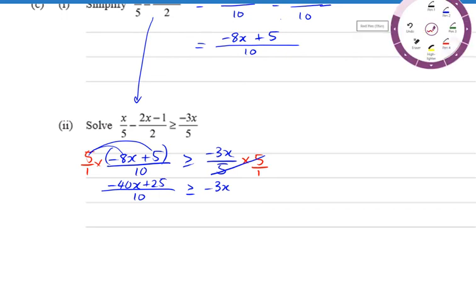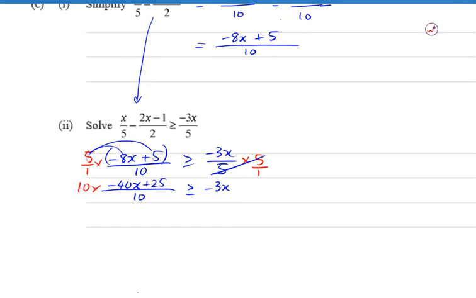Alright, my next step of working is going to be to get rid of that 10 off the bottom. So I'm going to times both sides by 10. And the purpose of that is to cancel it out on this side. So I'm just left with negative 40x plus 25 is bigger than or equal to negative 30x.